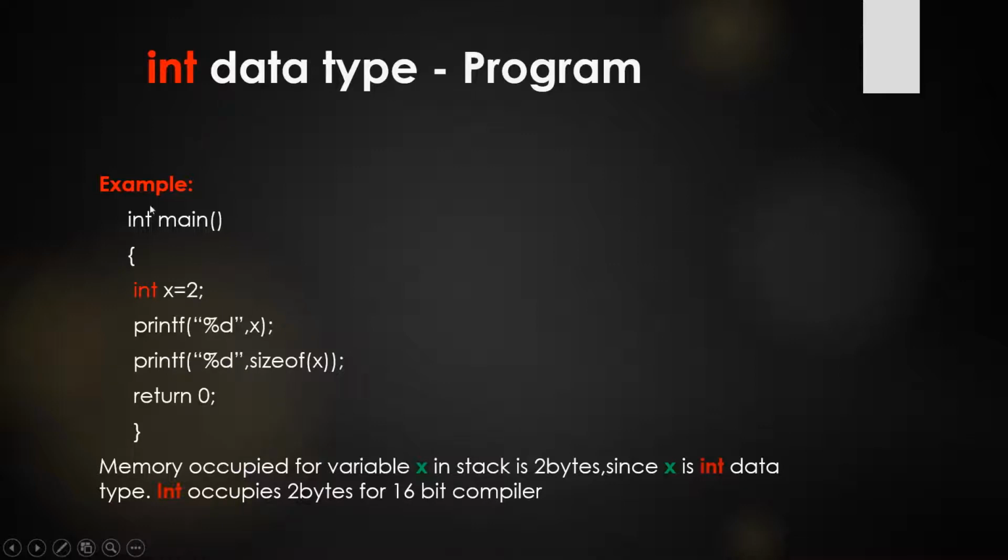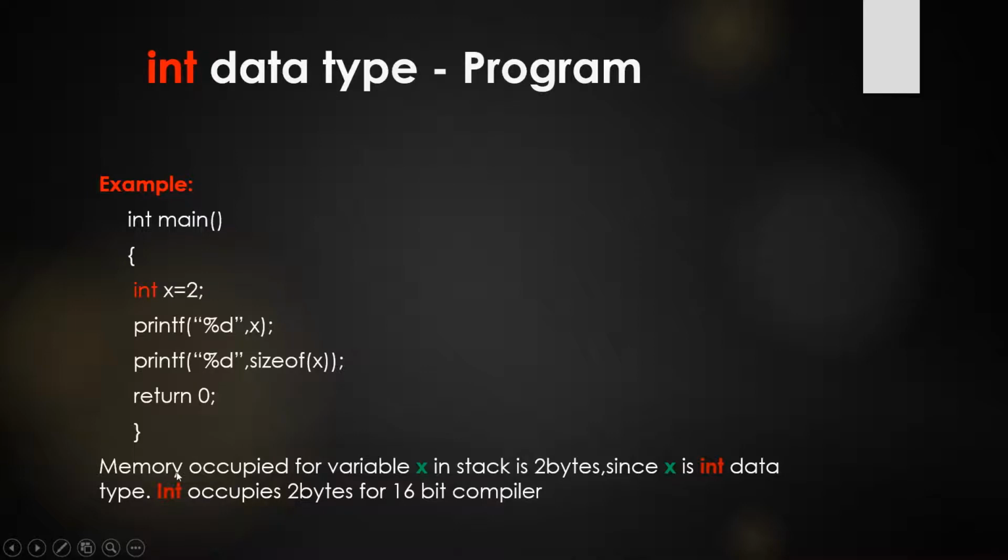Example program of int data type. Here I have written a code and defined a variable with the data type int. x equal to 8 has a data type int. I am printing this variable x and printing the size of x. If you have to find the size of a data type, we can print like this: sizeof x. Sizeof x means we are printing the size of the data type of variable x. x has a data type int, and the size of x will be 2 bytes for the 16-bit compiler, since the memory allocated for the int data type is 2 bytes in the 16-bit compiler.